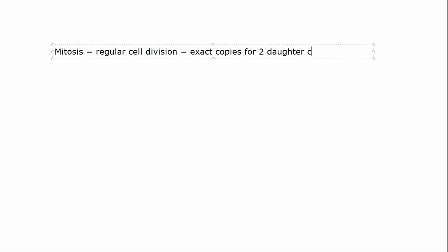Two daughter cells. So when we have mitosis occurring, because you're getting exact copies of DNA going to the daughter cells, there's no crossing over. There's nothing to worry about with it.